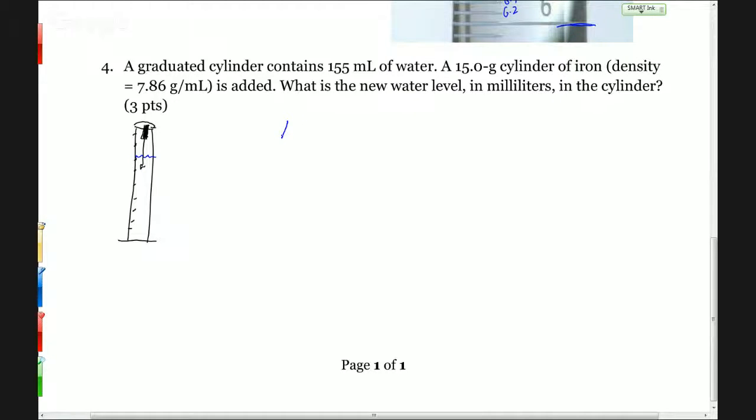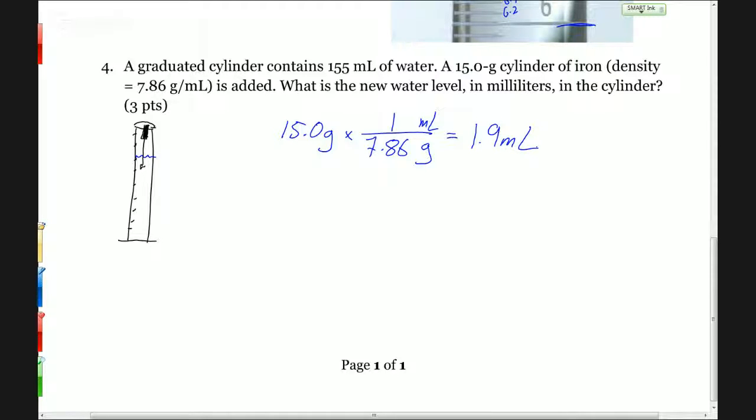So the cylinder of iron is 15.0 grams. But we can multiply that by a quantity that gets us rid of grams and instead gives us milliliters. So that's 7.86 grams per 1 milliliter. And if you divide those out, you get something like 1.9 milliliters for the piece of iron.